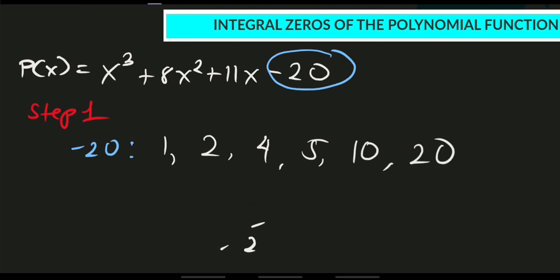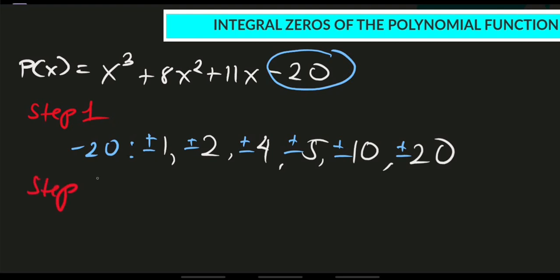After that, since we are looking for all possible integral zeros, we need to include also its positive and negative sign. So that means we have positive and negative 1, positive and negative 2, and then the rest will follow. So if you want to count the possible zeros of this given problem, we have 2, 4, 6, 8, 10, 12. So we have 12 possible integral zeros of this given polynomial function. Okay, that's just step number 1.